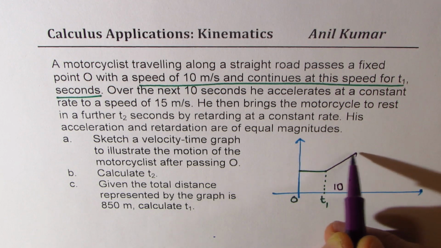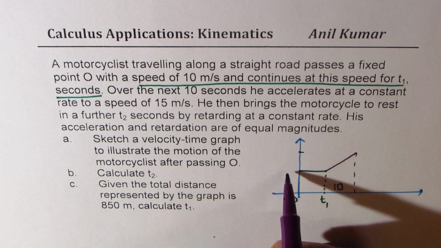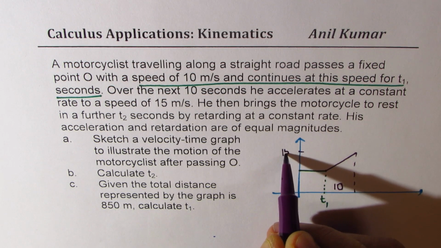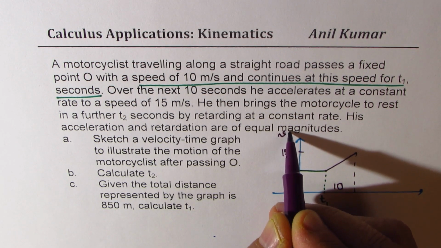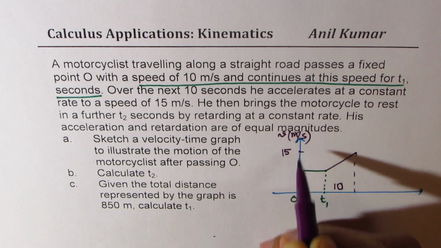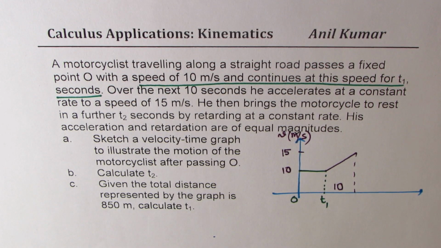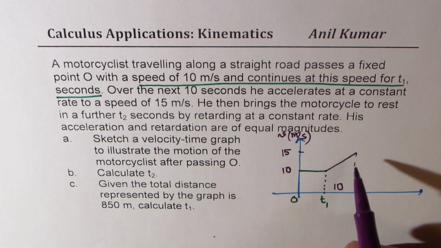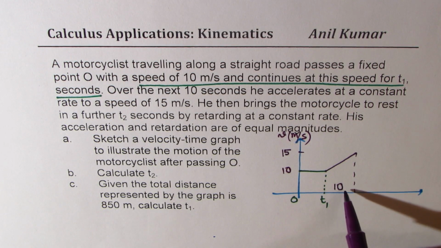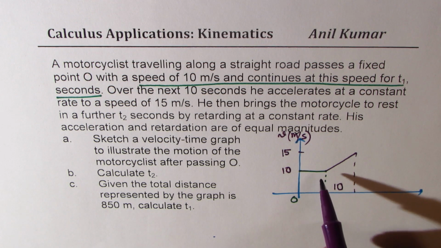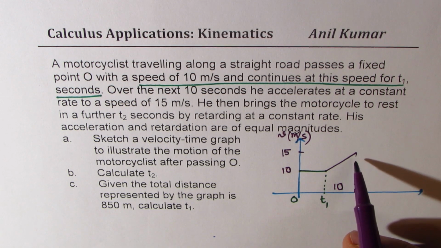And this here is now 15. We are talking about velocity in meters per second, right? And initially, the motorcycle was going at 10 meters per second. Do you see that part? So it took 10 seconds to accelerate from 10 to 15. That's what we are trying to say.